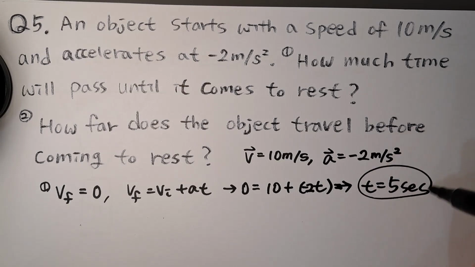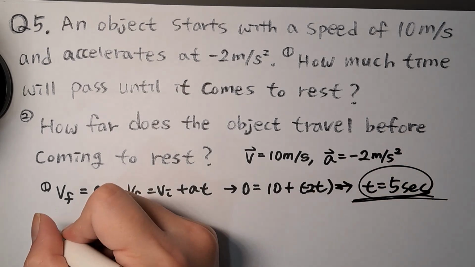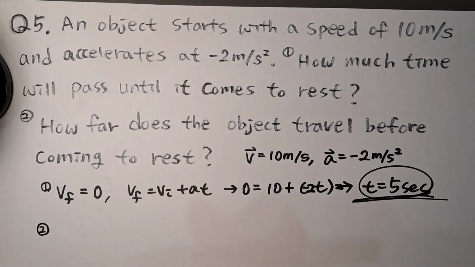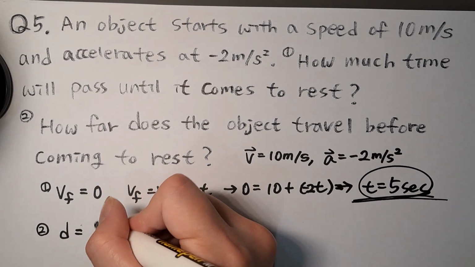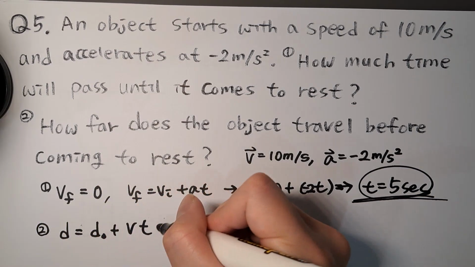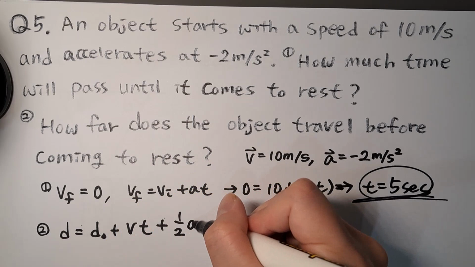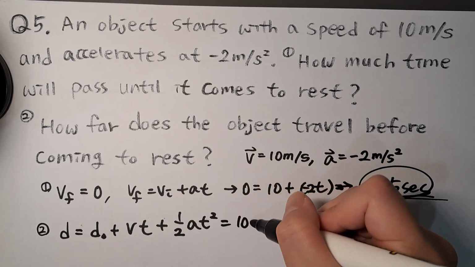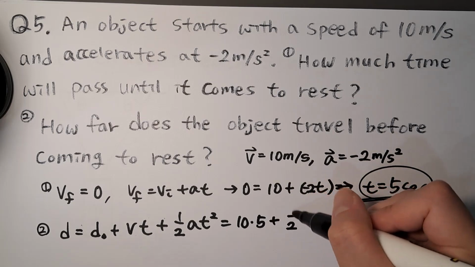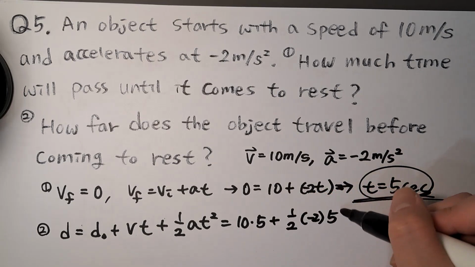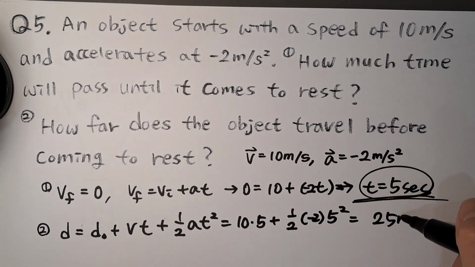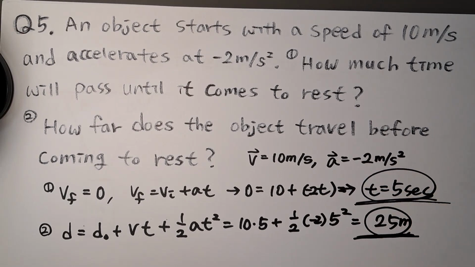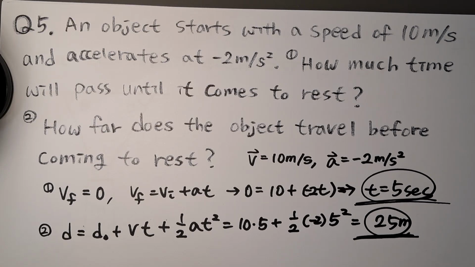So the time is going to be 5 seconds. And for finding the answer of the second question, we are going to apply this equation. And the distance the object traveled before coming to rest is going to be 25 meters.